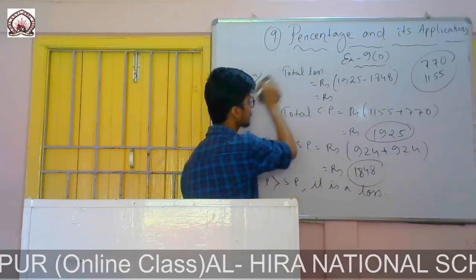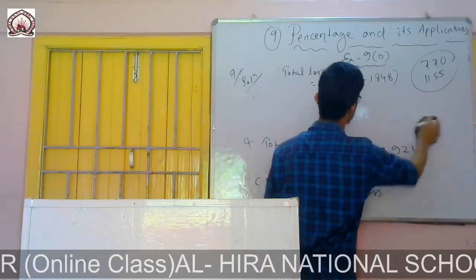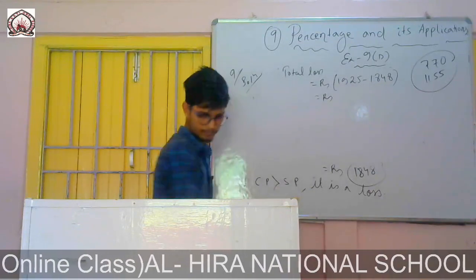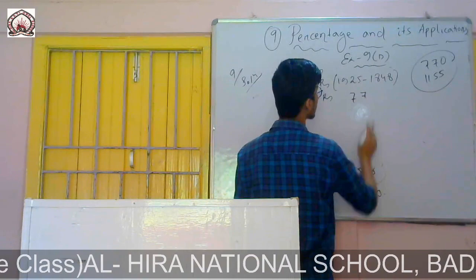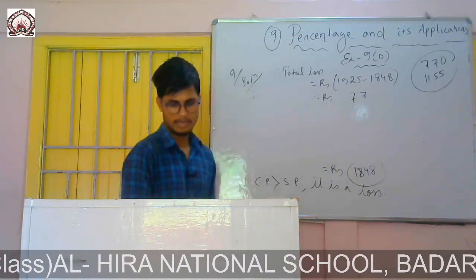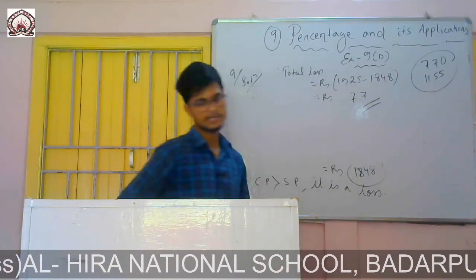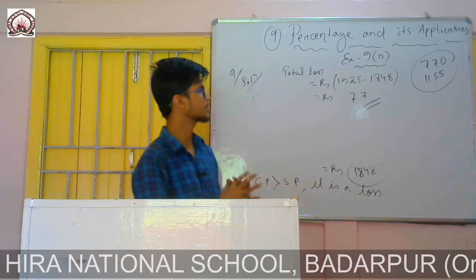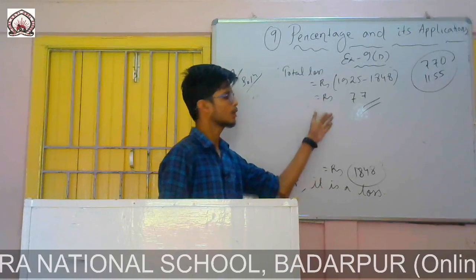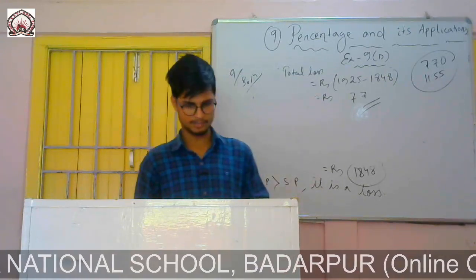So if I simply subtract one from the other, it is 77. So the answer is rupees 77. 1925 minus 1848 is 77. So this is the total loss.